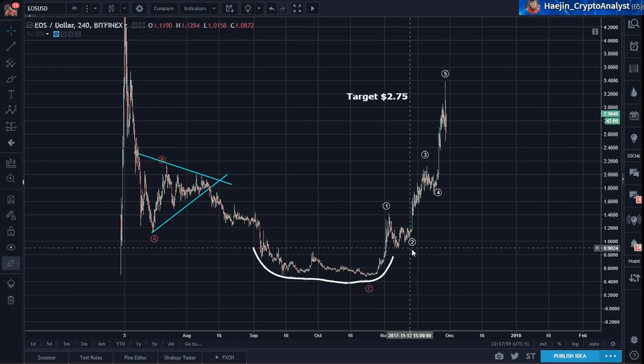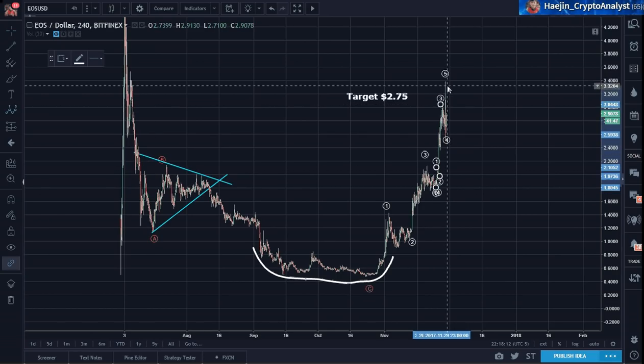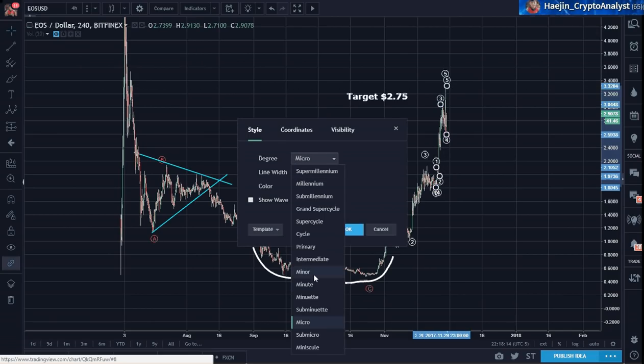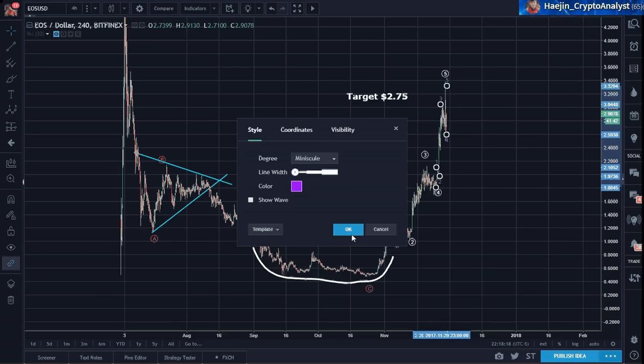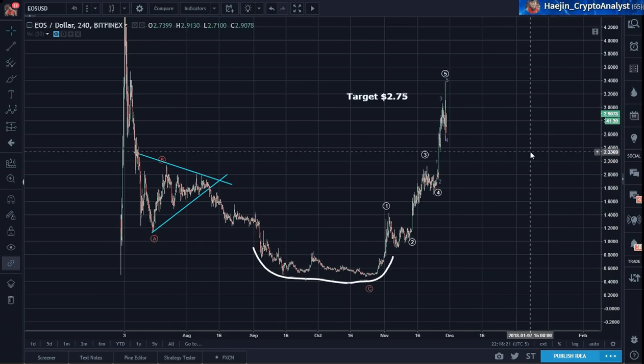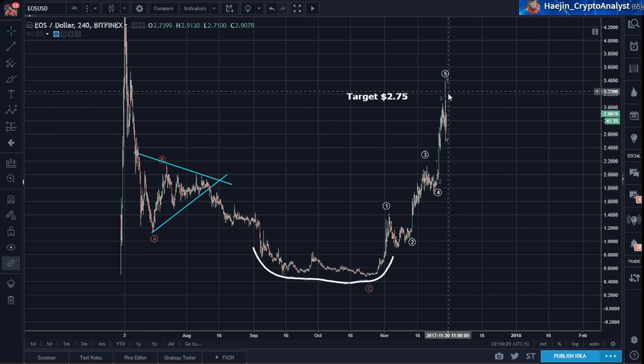When you have a 1, 2, 3, 4, 5, and this can be 1, 2, 3, 4, 5 subwaves. And in that video, I clearly show how one can do a profit taking at the end of 5.